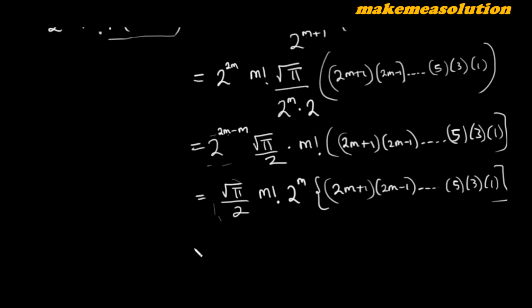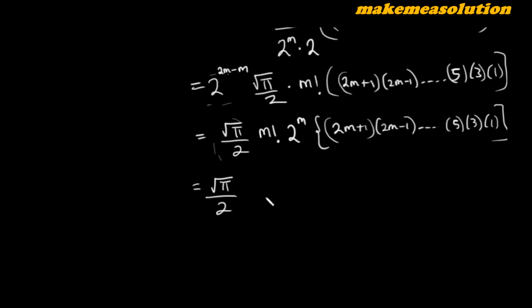So we're making progress, right? So you have your root pi all over 2. Then now here is where we're going to use some logic. So m factorial, everybody knows that m factorial, or let me bring 2 raised to the power of m first. M factorial is m, m minus 1, and so on and so forth, down to 2 and down to 1.